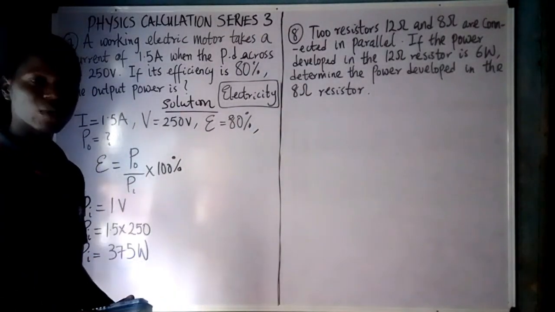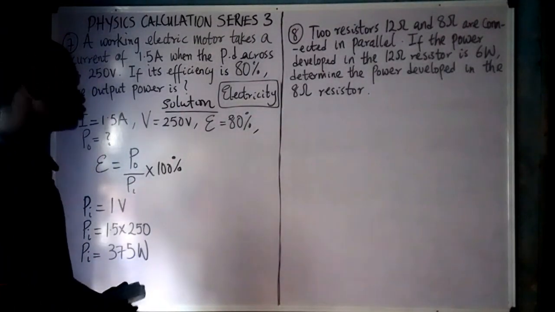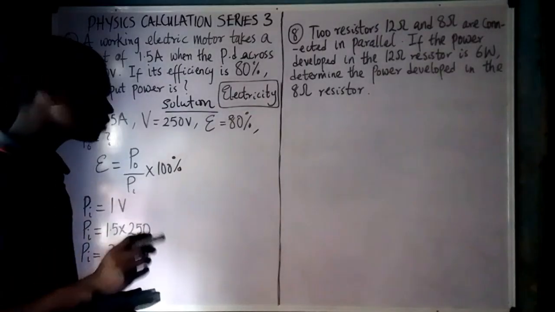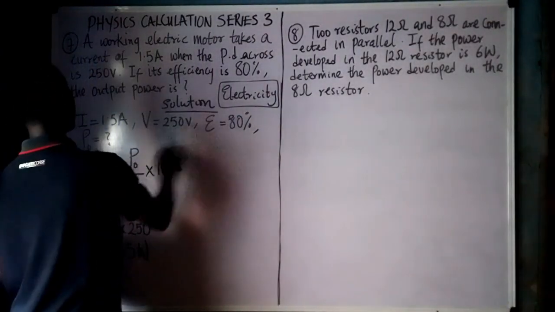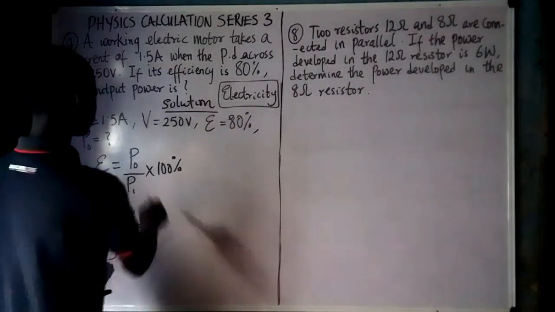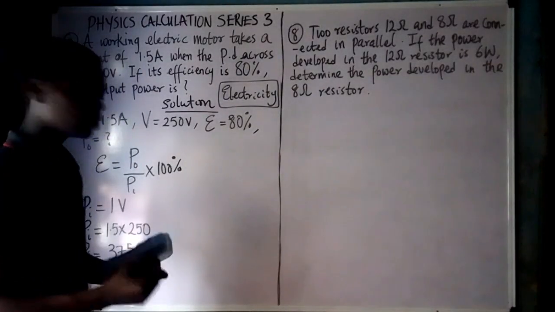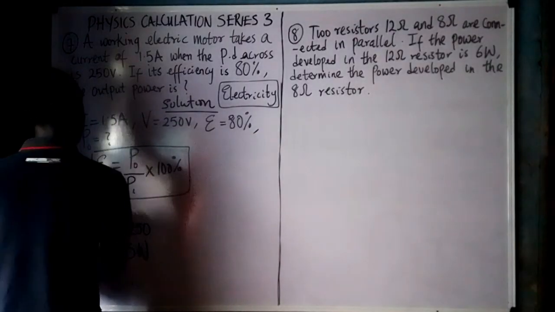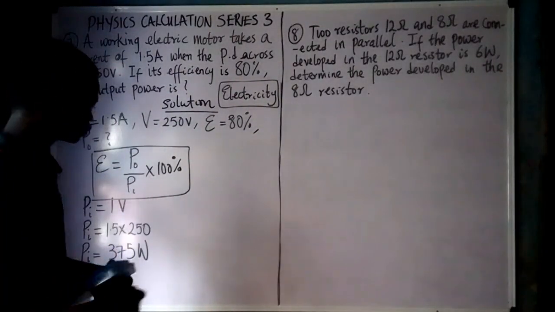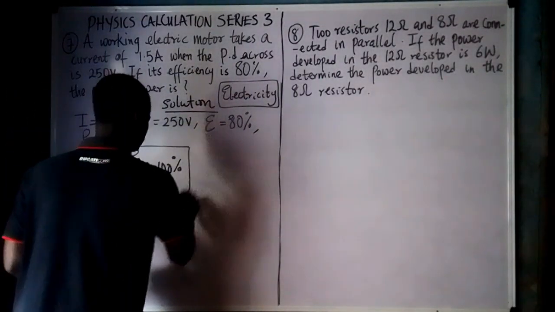Rather, we were asked to find our output power. So guys, observe something. We now have a value for input power, we know the value for efficiency, and we are asked to find output power. Can we now use this formula to get our output power? The answer is yes. So let's do that right away.